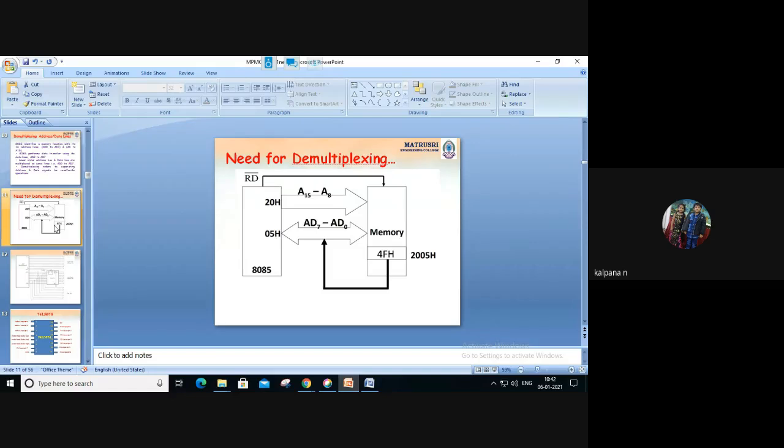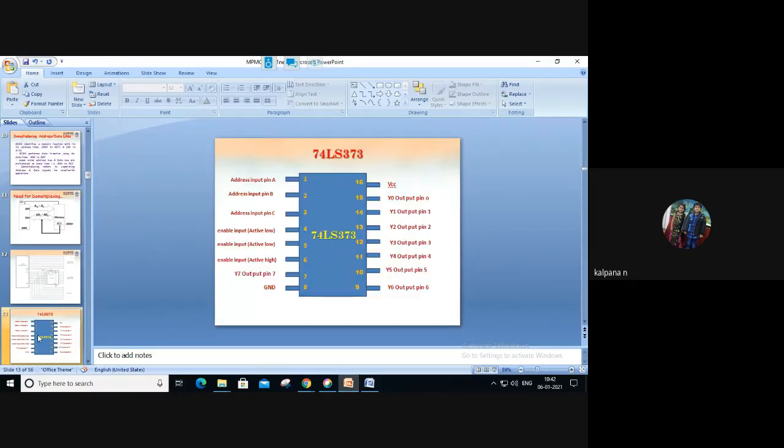So here also one IC we are using to separate. Forget about separate, we should compulsorily use the word demultiplexing. So in order to demultiplex the AD lines, we are using one IC. So that IC name is 74LS373. What is that IC name?